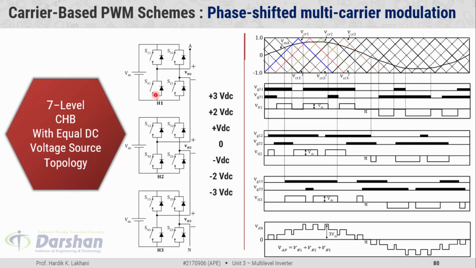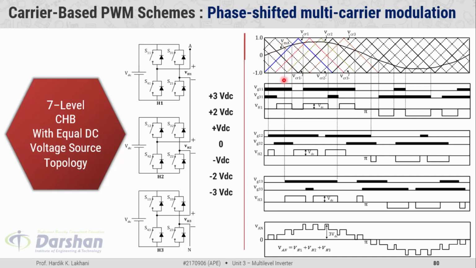The PWM scheme discussed here is essentially the unipolar scheme. The gatings for the upper switches S11 and S31 in bridge 1 are generated by comparing VCR1 and VCR1 minus with VMA.